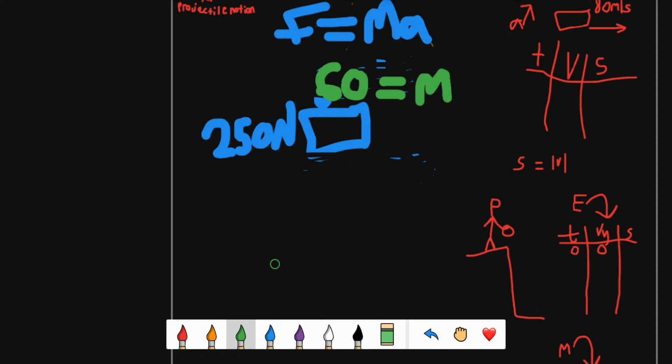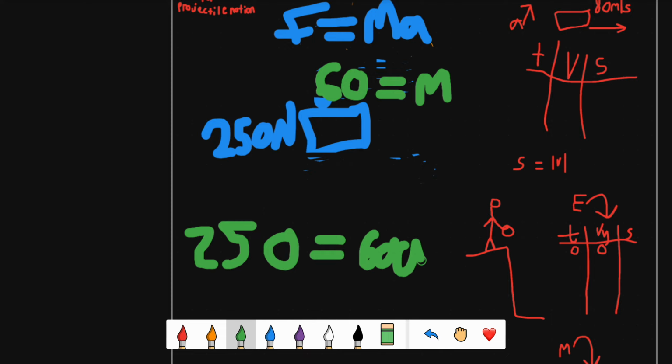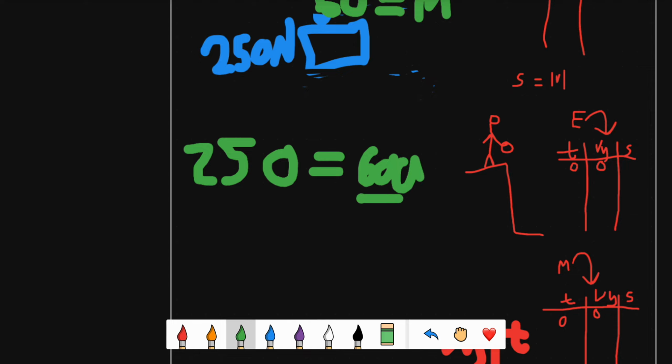So let's do it like before. 250 equals 60a, divided by 60, divided by 60, and that should get you the answer, right?